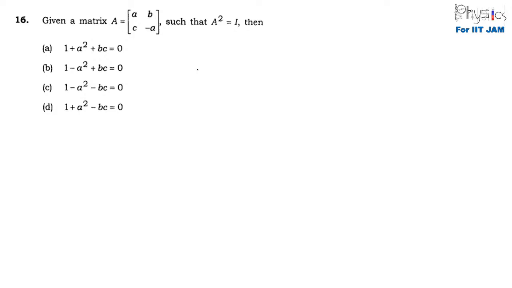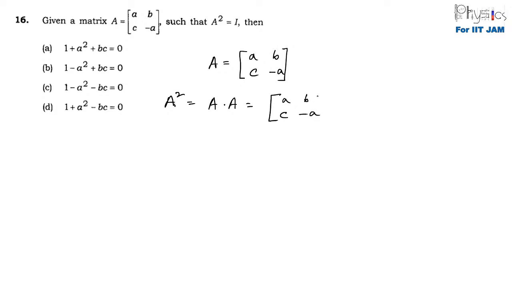So here we have A equal to the matrix [A, B; C, minus A], right? So A square means A times A, that is [A, B; C, minus A] times [A, B; C, minus A], right?